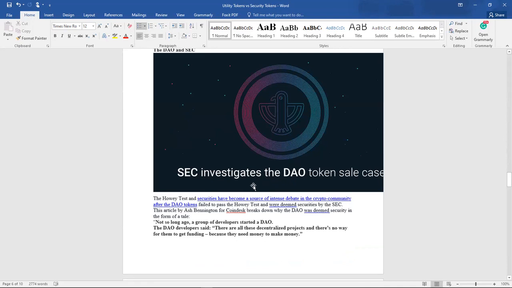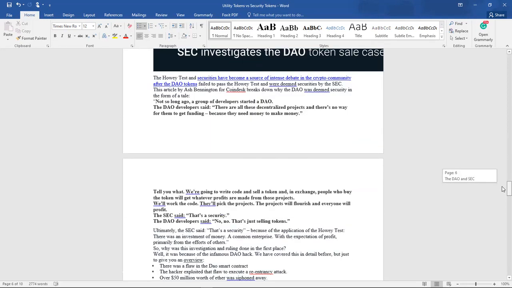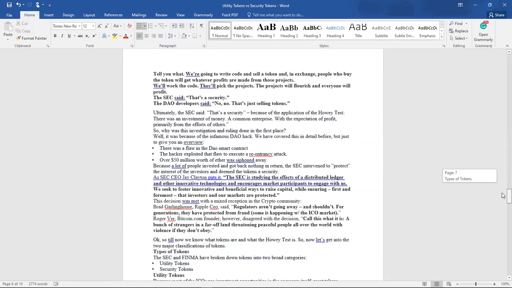They also applied the Howey test to the DAO token sale case. The DAO developers said that these are all decentralized projects, and there is no way for them to get funding because they need money to make money. That is a case you can read about.